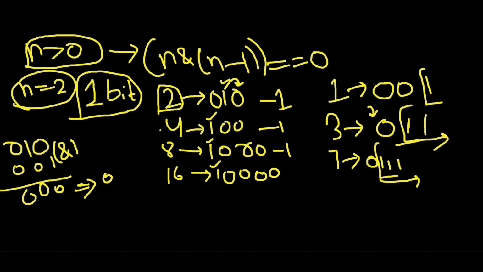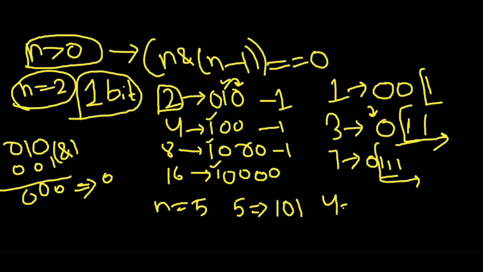So let's see if it works or not. Let's say n equals 5. What if the given number is 1, 0 and 1?